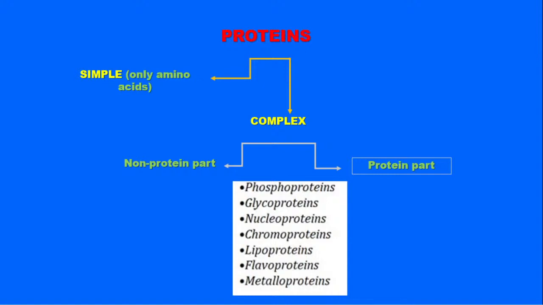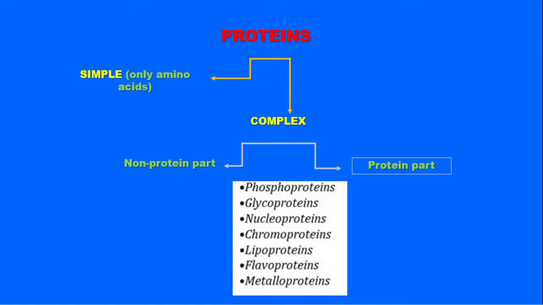But if all these polypeptide chains are constructed only from amino acids, this quaternary structured protein will anyway be simple. And we will use the term complex protein instead of conjugated protein for proteins that can be divided into protein and non-protein parts.